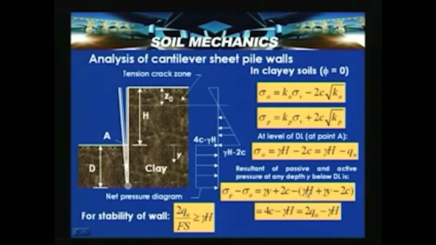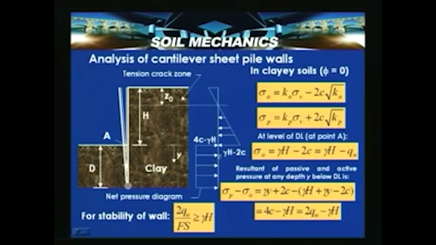This is the net pressure, which comes to be 4C minus gamma H. The 4C can be written as 2 Qu, because Qu is the unconfined compressive strength of the soil, minus gamma H. Now this evolves to the stability of the wall. 2Qu by Fs, the factor of safety, should be greater than or equal to gamma H. If this condition is satisfied, then the wall does not require anchoring. If it is not satisfied, then it requires anchorage at a certain point below the top surface.